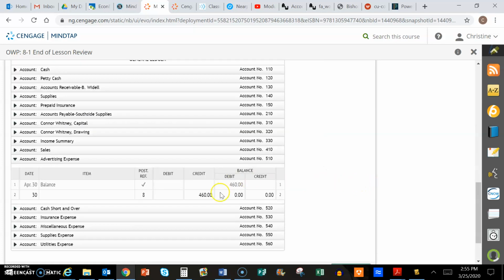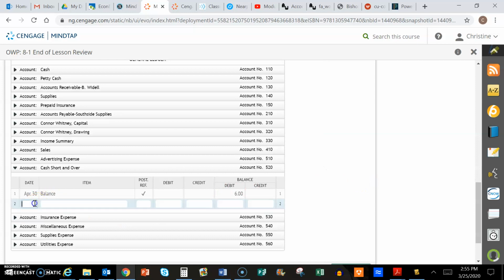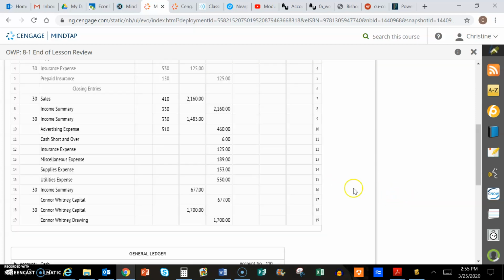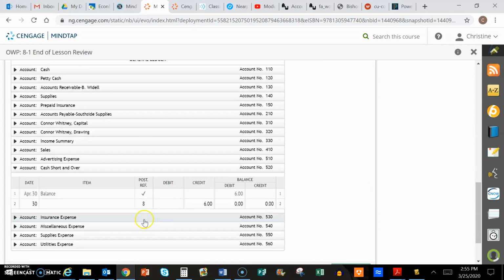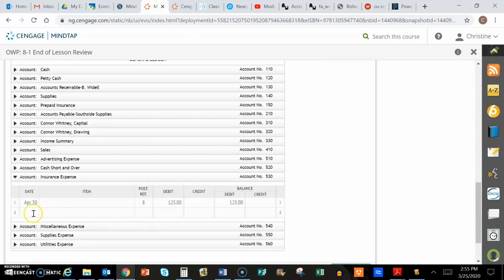Cash short and over. 30. Post reference is 8. Credit of $6. That means my balance is 0, 0. And I'm going to come up here and plug my 520. Insurance expense. Date is 30. Post reference is 8. There's a credit of 125.